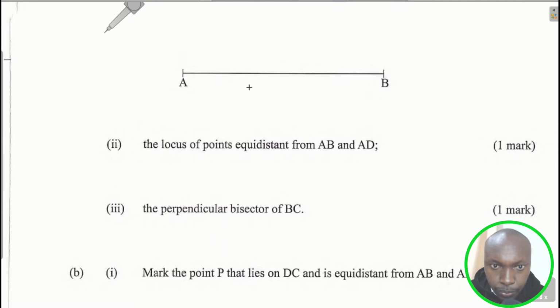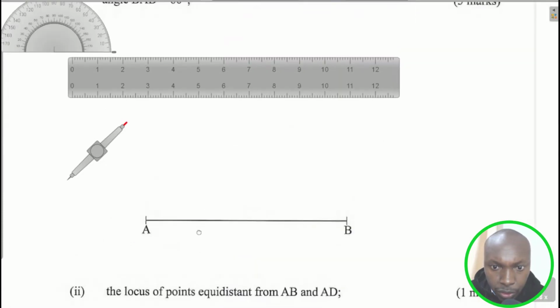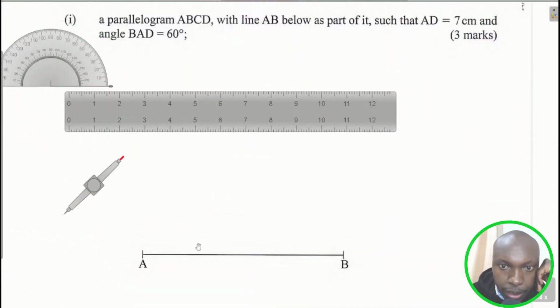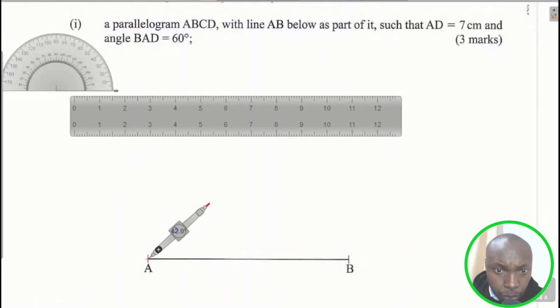Let us go to the actual construction. We shall begin by constructing the angle BAD, that is 60 degrees. So the angle should be at A. To construct an angle of 60 degrees at A, this is what you're going to do.